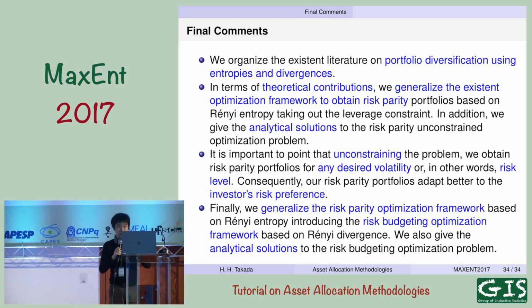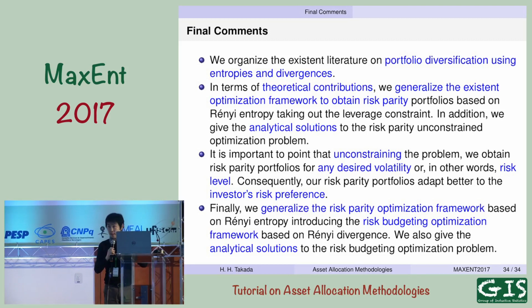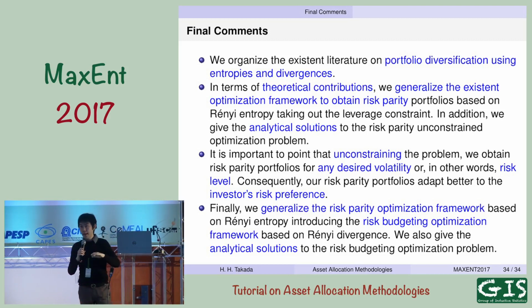Another point that we didn't address here is the multiple asset class allocation problem. Here we just considered equities, but if you consider derivatives, we need to change some details. And multiple period asset allocation is also something we didn't address here.